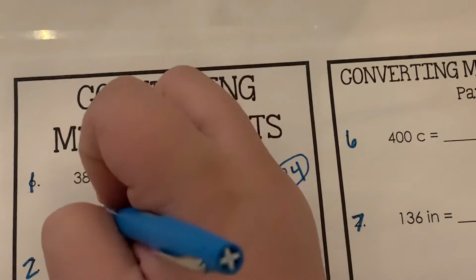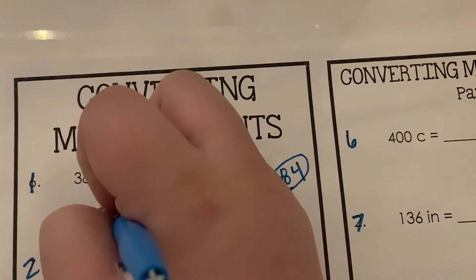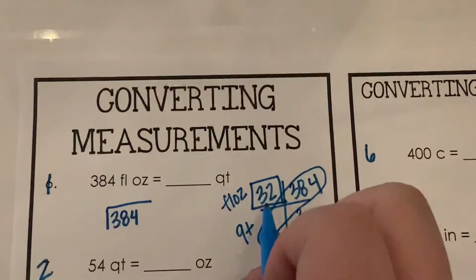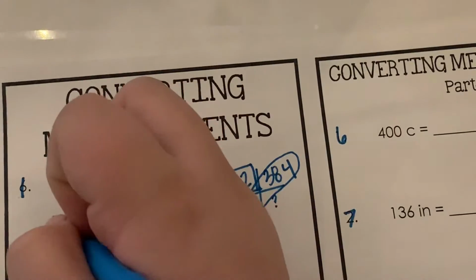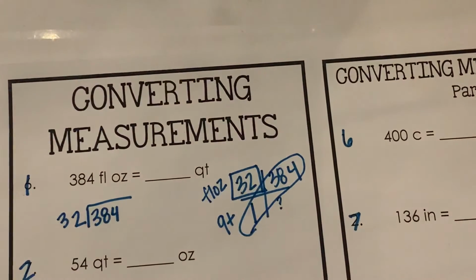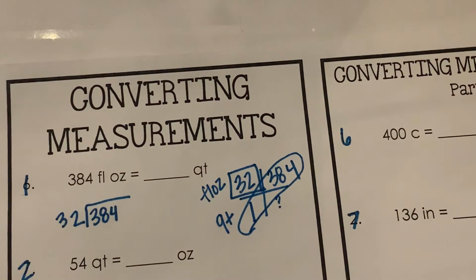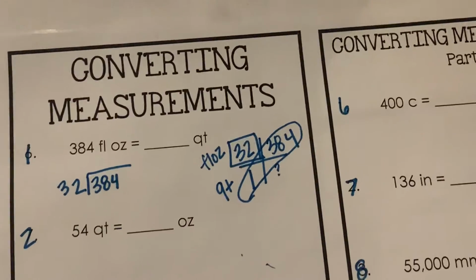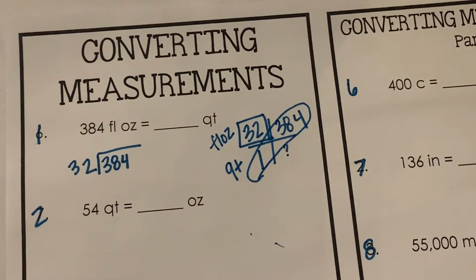So we're going to have 384 divided by 32. You put the numbers in like order and then you make a butterfly out of it with no head. It would be weird. Does 32 go into 38?